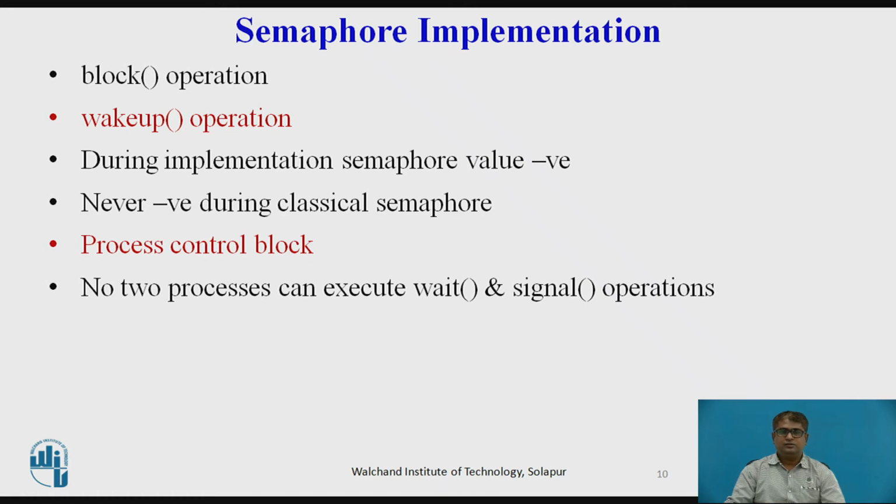Here, the list of waiting processes can be easily implemented by a link field in the process control block, that is PCB. Each semaphore contains an integer value and a pointer to a list of PCBs.